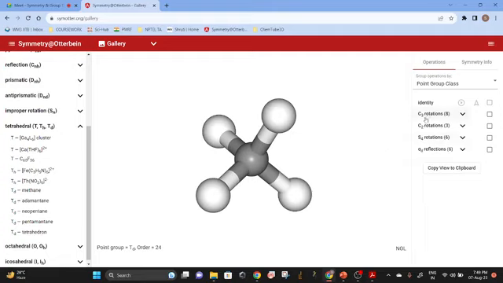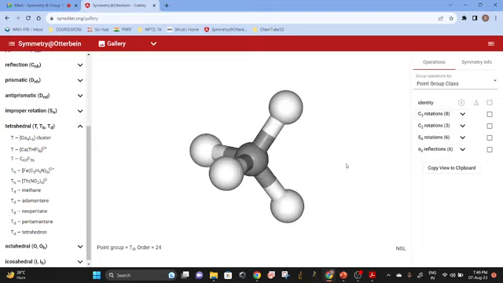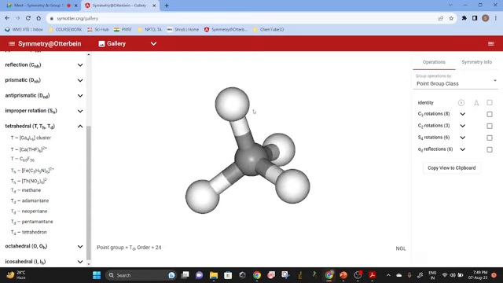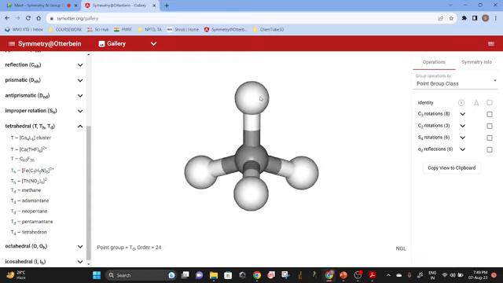Now you can see they have mentioned it has C3, C2, S4 and sigma planes. Now let's look. C3, can you imagine where is C3? You can name the atoms it is passing through. C3 is passing through the C-H bond, right?